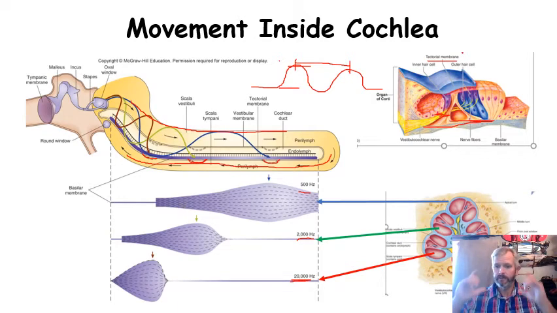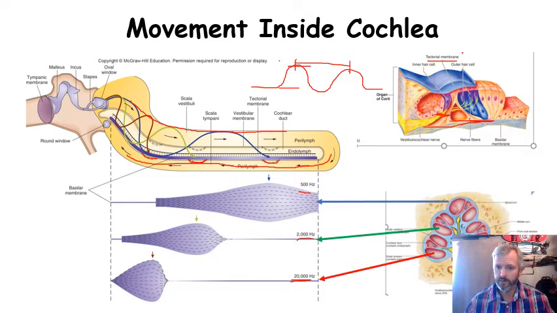And the brain is interpreting, hey, I'm getting information from this earlier stretch here, I'm going to interpret it as high frequency. Getting signaling from the cells here, I'm going to get medium frequency, and I'm getting bending of the hair cells, signaling from the cells later on, I'm going to interpret it as lower frequency.